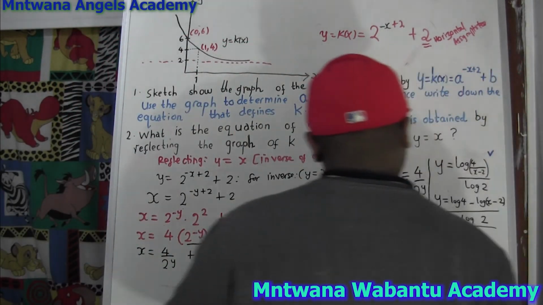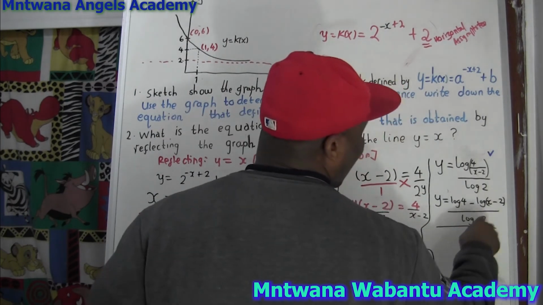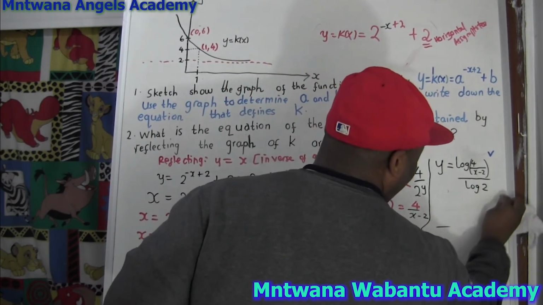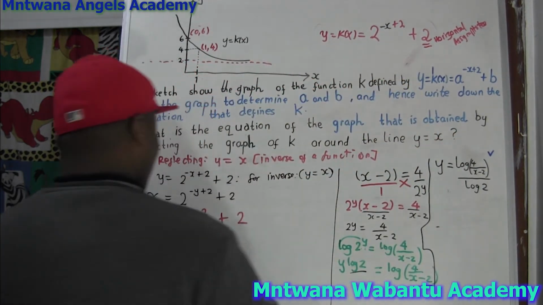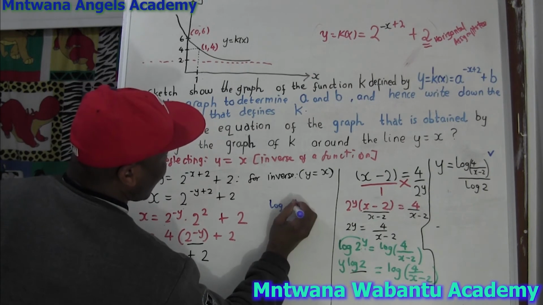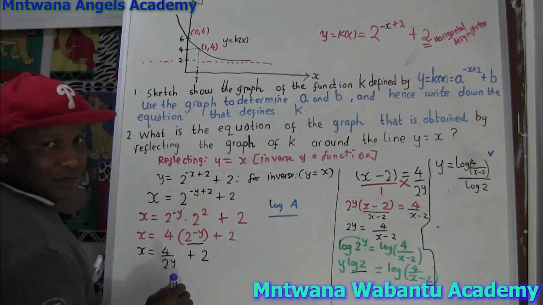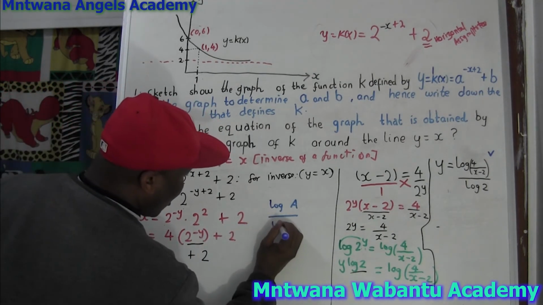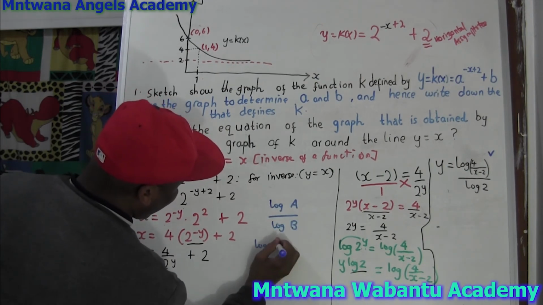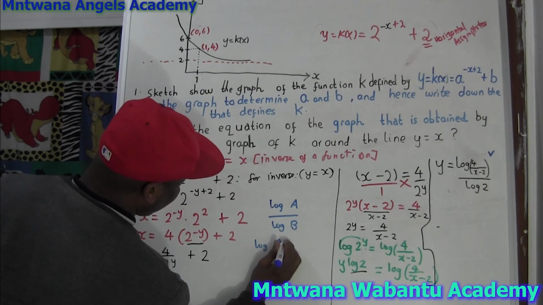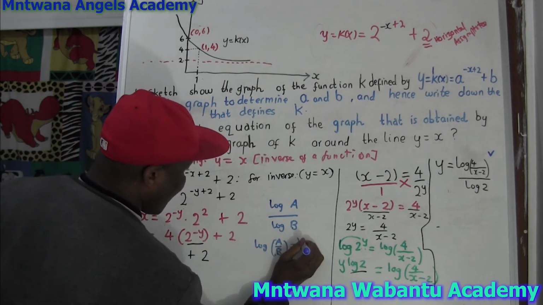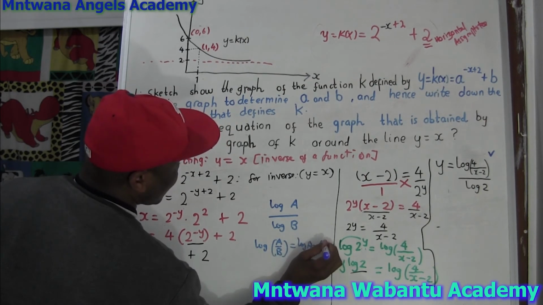But no, I can say something more there. Rather than writing like this, I could say this. We have a rule in logarithm. If somebody gives log of a over log of b, this is not the same as log of a minus log of b.